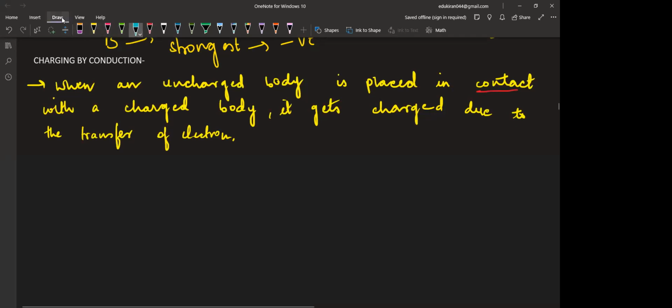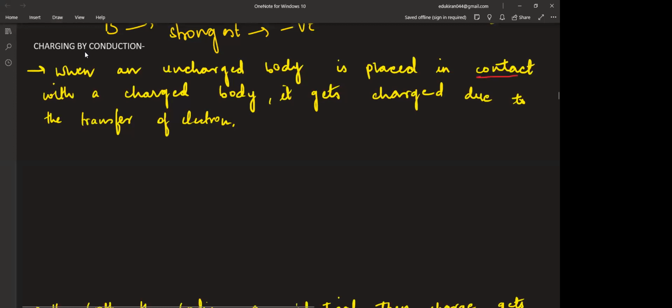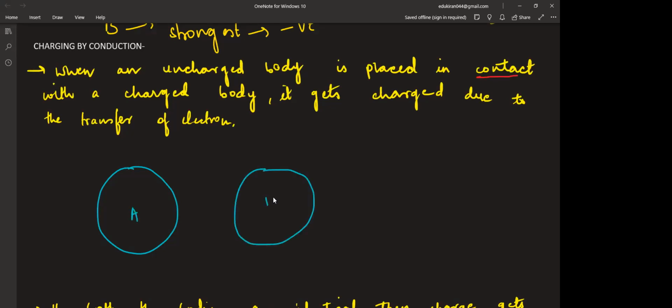So here, you have to understand one thing. If both the bodies are identical, suppose I say this is A, and this is body B. Now the charge on this is 4E, the charge on this is 0.